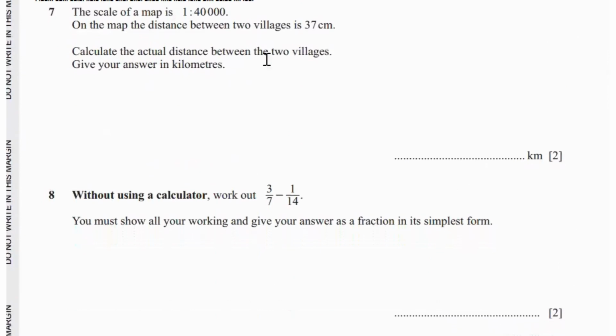Question 7 says the scale of a map is 1:40,000. On the map, the distance between two villages is 37 centimeters. Calculate the actual distance between the two villages, giving your answer in kilometers. So what we're going to do is that we can see from the scale that 1 centimeter equals 40,000 centimeters. So let's first multiply 40,000 with 37 centimeters to have the actual distance in centimeters.